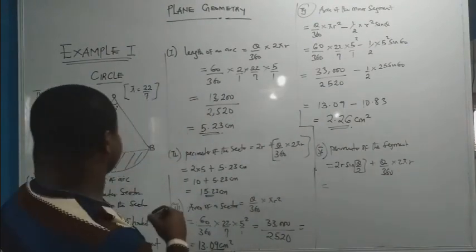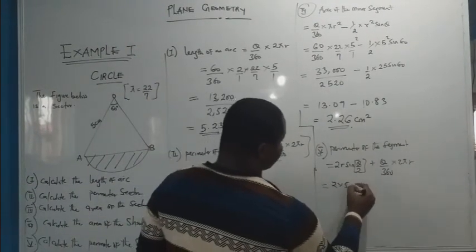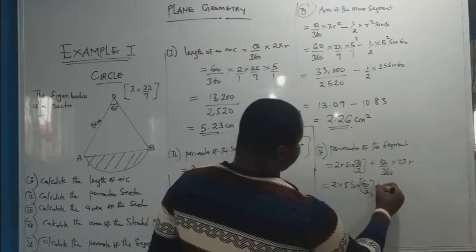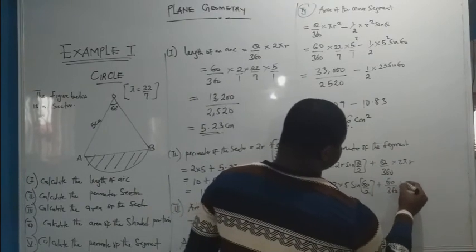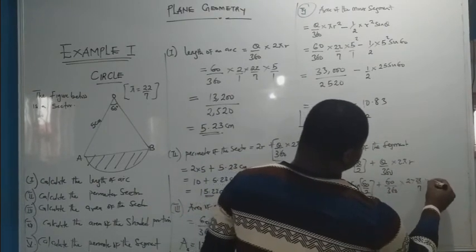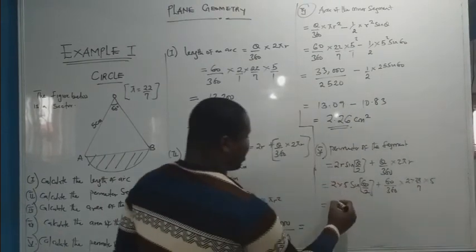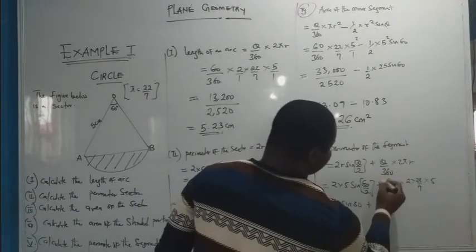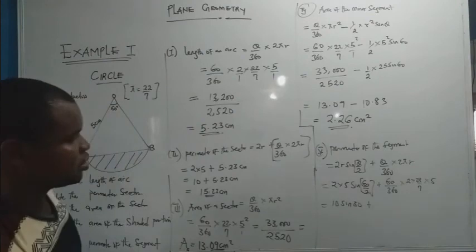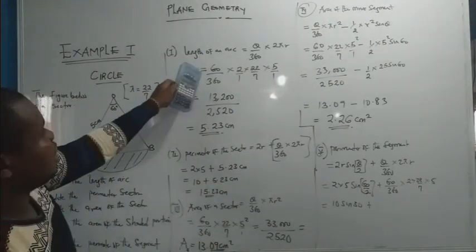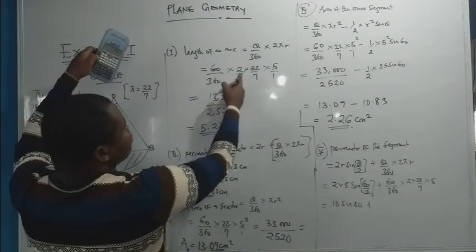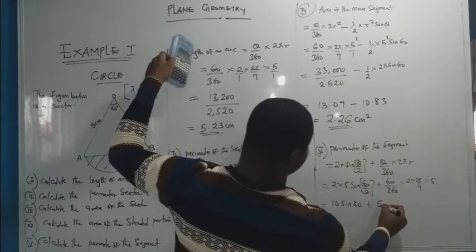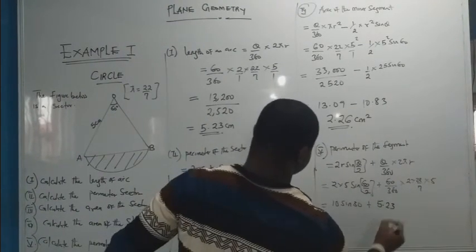Alright, so what is the radius? 5 centimeters, so we have 2 times 5 sine 60 over 2, that's the angle, plus 60 over 360 times 2 times 22 over 7 times 5. So here we have 10 sine 30 plus, now this expression, 60 over 360, we got it from the length of an arc, and everything here will give us 5.23 centimeter.